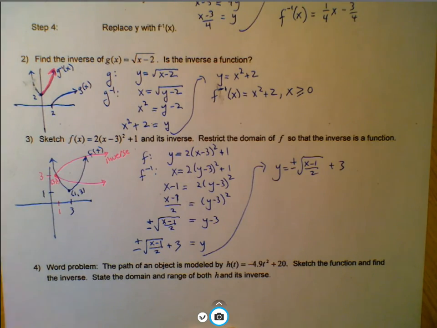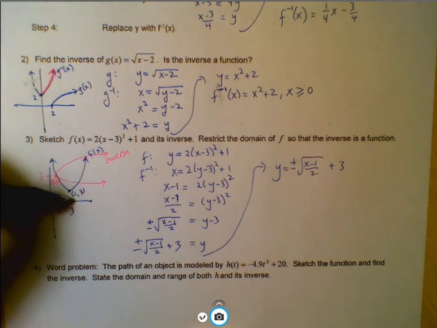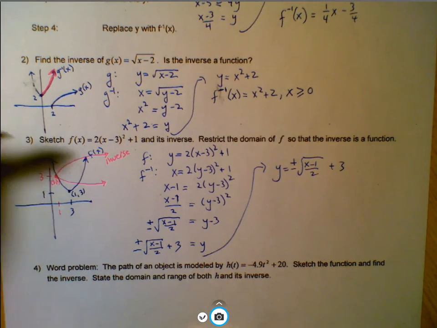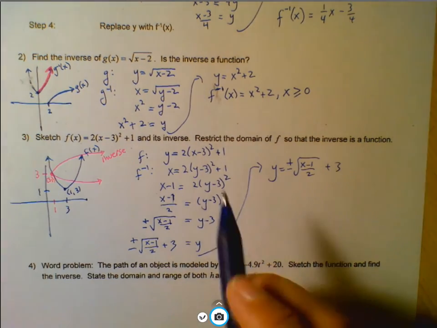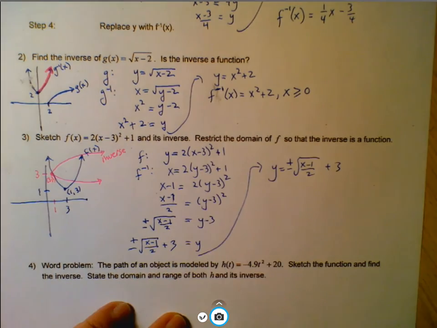So how could we have taken only a portion of f so that the inverse of just that portion would have been a function? That's what it means when it says restrict the domain. How about we take just part of the domain of f so that the inverse of just that part is a function.